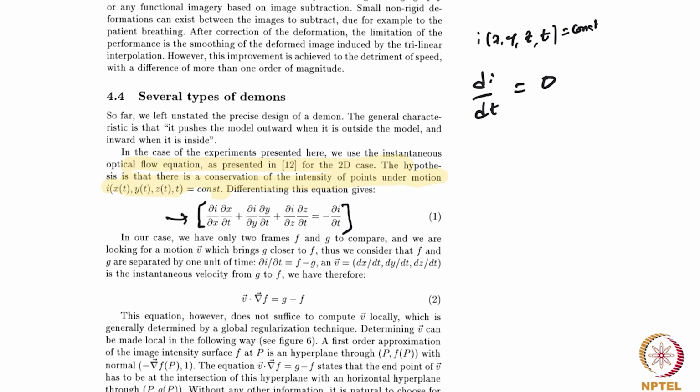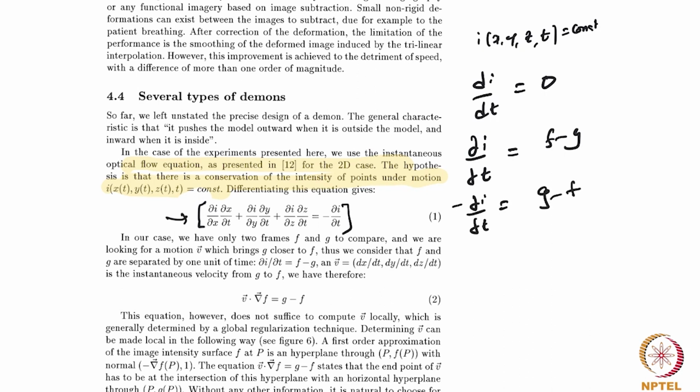Delta I over delta t is, if you discretize it, then we are just basically comparing the image intensity across two different frames, or in this case image intensity difference between f and g, where f is the fixed image and g is the moving image. So then we can write delta I over delta t is equal to f minus g, and then of course when there is a minus sign we get equal to g minus f.